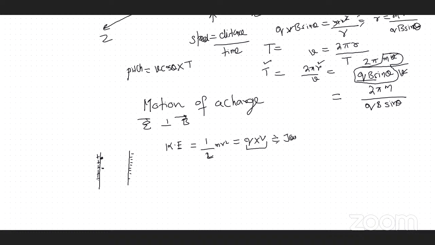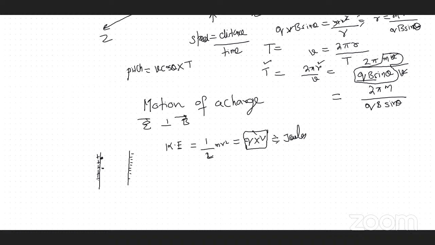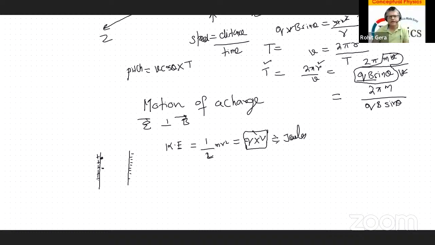So if a charge is made to move across a potential difference of V, this is the amount of energy it will gain. ठीक है? तो अब आपने एक चार्ज लिया, उसको पोटेंशियल डिफरेंस के थ्रू एक्सेलरेट करके you made it enter a zone where you have the magnetic field and electric field present simultaneously. So let's say the magnetic field is this.